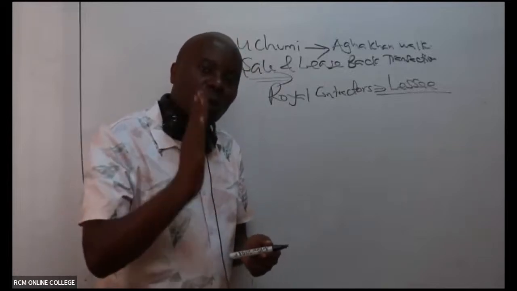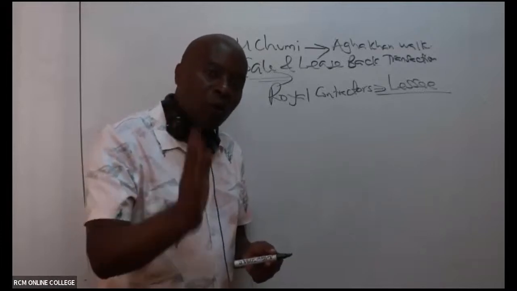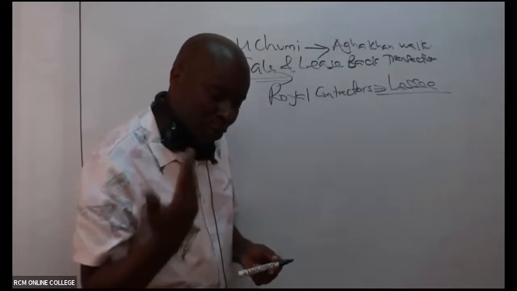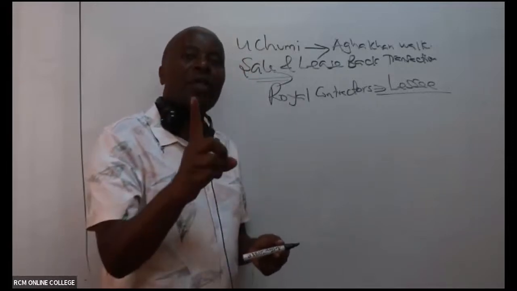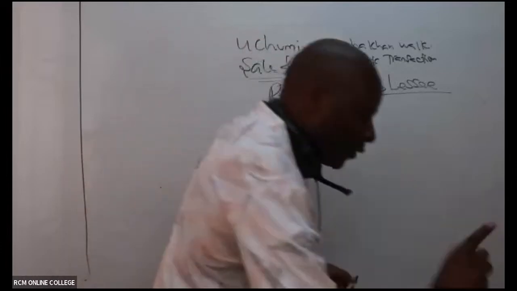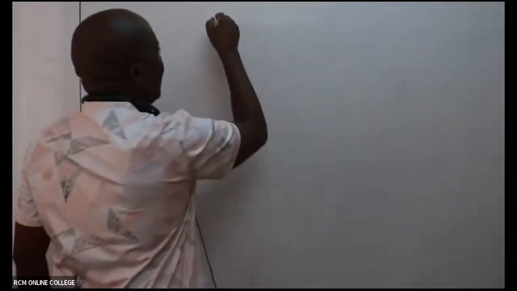They want us to do this lease accounting under the books of Royal Contractors. Who are these Royal Contractors in this regard? Because they sold and leased back, they're the lessees. And if they're the lessees, the very first thing you do according to IFRS 16 is lessee accounting.